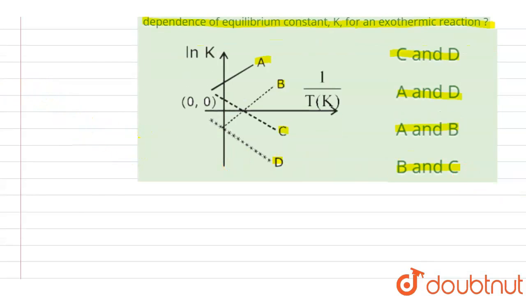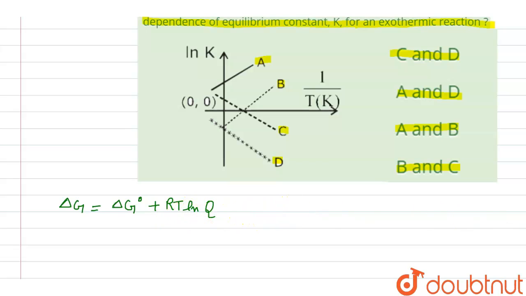So first of all, we know the relation between delta G, that is the Gibbs free energy, is equals to delta G naught, which is the Gibbs free energy at standard conditions, plus RT natural log of Q. So Q is the reaction quotient here, R is the gas constant, and T is the temperature, right?